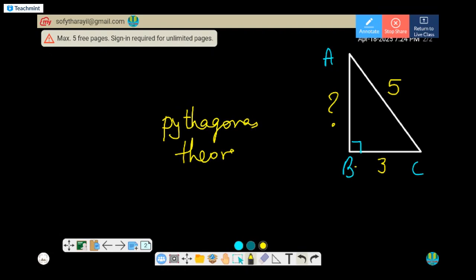Now the homework part is 5 for the hypotenuse and 4 for the base side. You will find AB, and once you get that value of AB, then you will find all the trigonometric ratios, with reference to A. So sine A, cos A, like that, tan A, cot A, sec A, and cosec A. So this is your homework question.